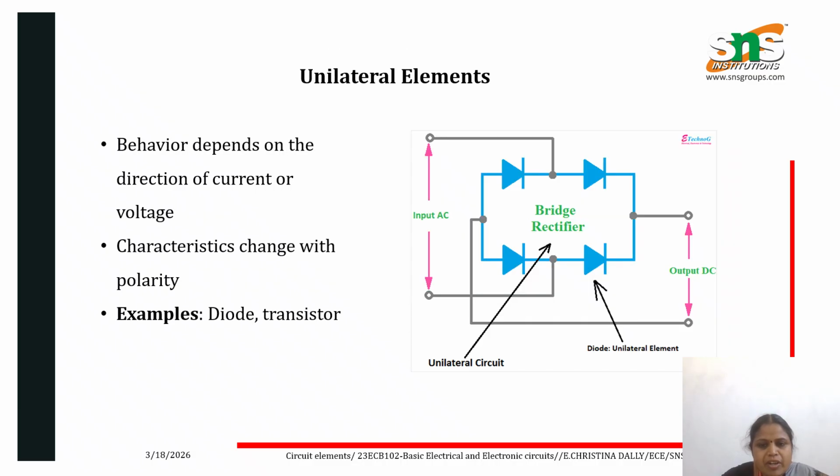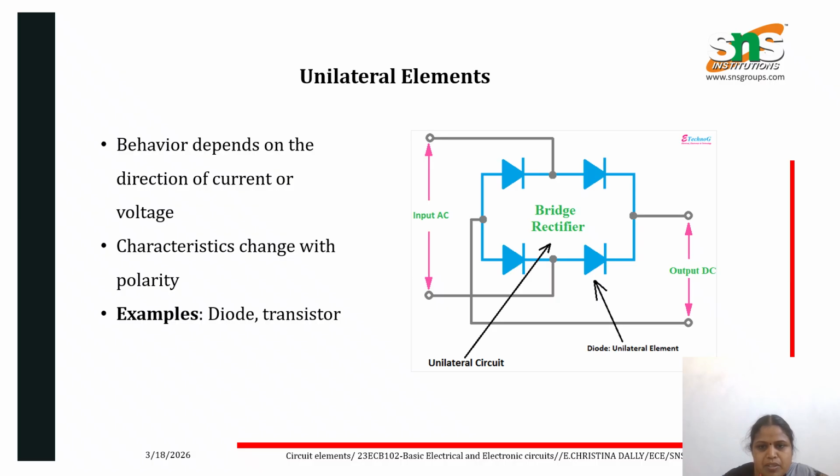The next one we are going to see is the unilateral element. Here I have taken the diode. The behavior depends on the direction of the current or the voltage, so the characteristics change with the polarity, positive or negative.